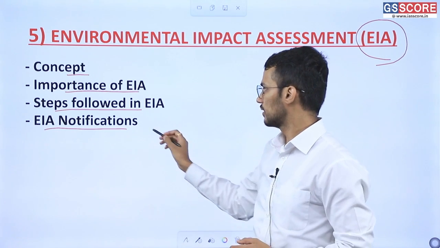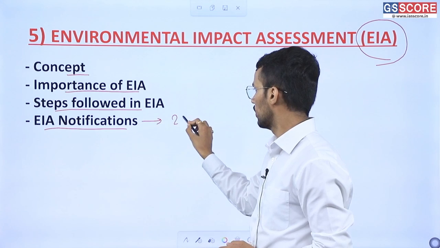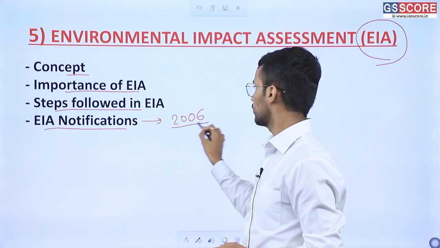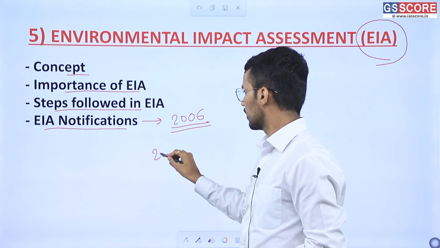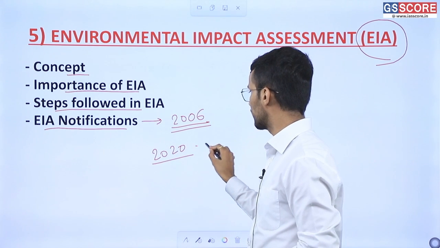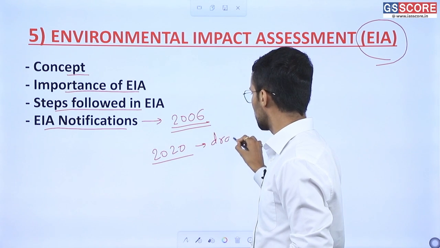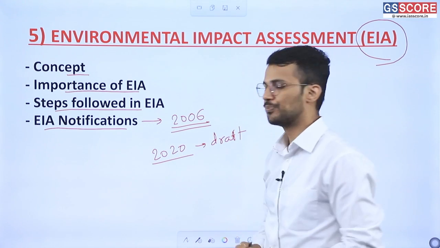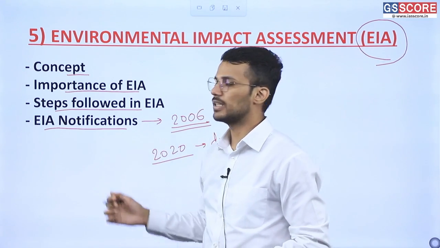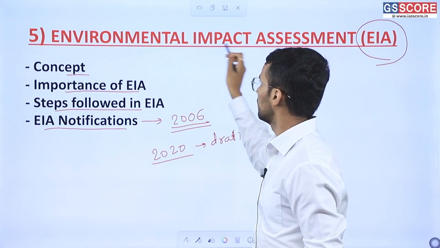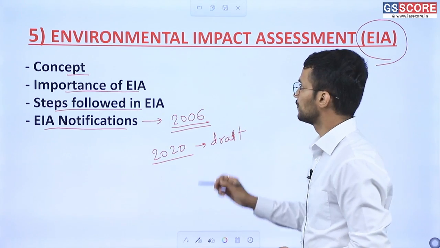So under that act, as of now, the notification of 2006 is followed. But in 2020, the government came up with a draft notification as well, but it has not been approved as of now. Fine. So these are the topics that we'll be discussing under environmental impact assessment.